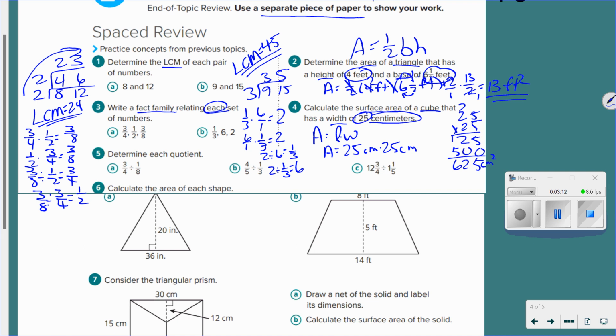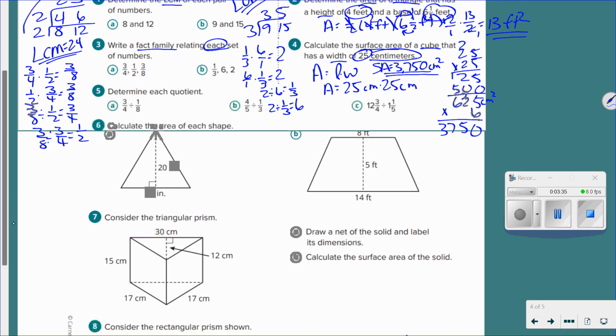But because it's a cube, I have 6 of those sides. So I need to now multiply that one by 6. So my surface area equals 3,750 square centimeters because it's area. Make sure you have the correct units. It's going to stink to do that much work and get it wrong or half wrong because you have the wrong units.